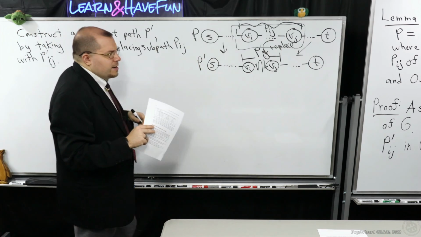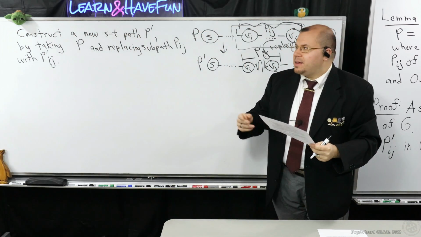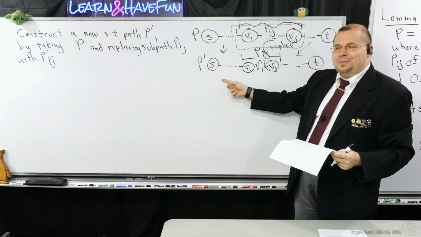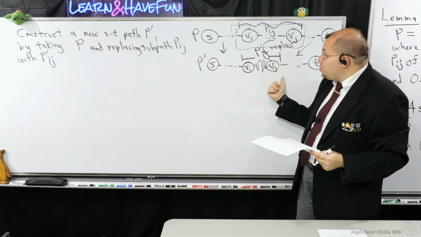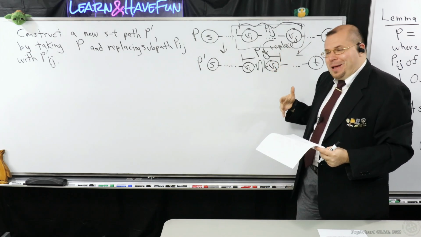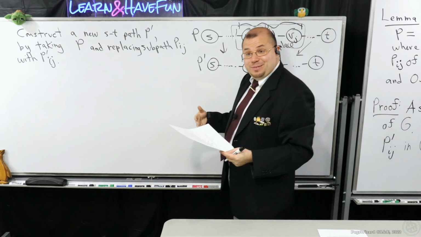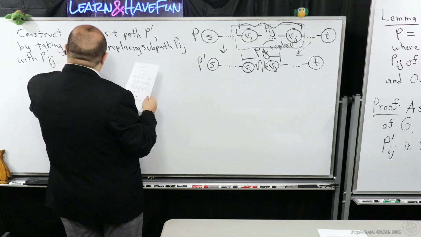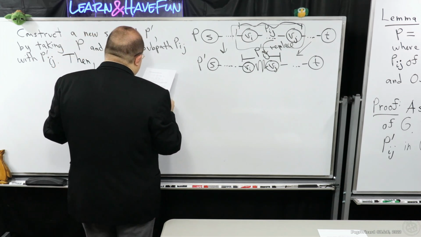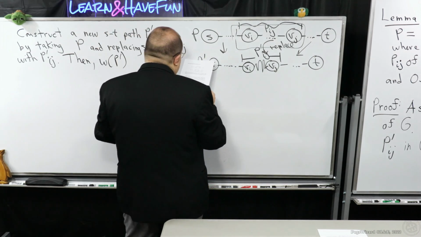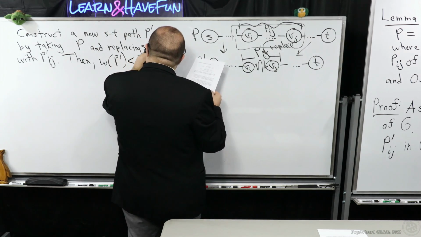But what does that mean if I measure the length of this path versus this path? Well, this one is strictly shorter than this one. So that means that the overall path that I just constructed has to be shorter, right? Then the length of P prime is strictly less than the length of P.